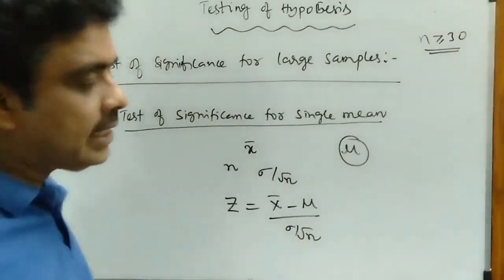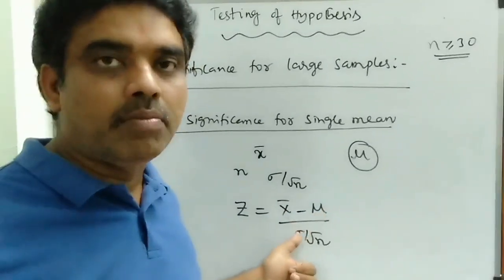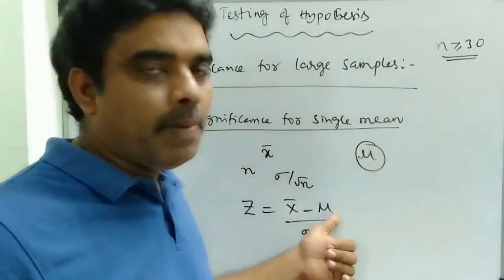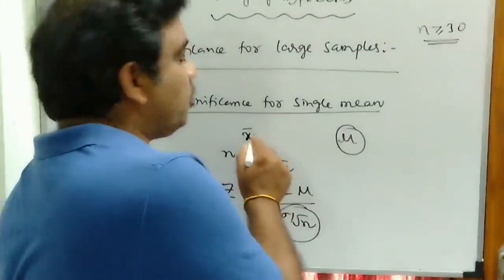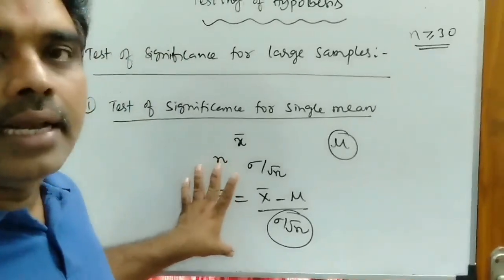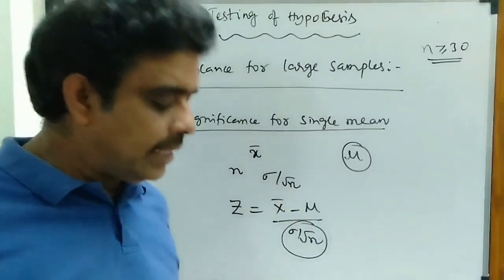Here x bar is the sample mean, mu is the population mean, and sigma by root n is the standard error of the distribution of x bar. Using this we calculate the z calculated value, and then we compare it with the z tabulated value.